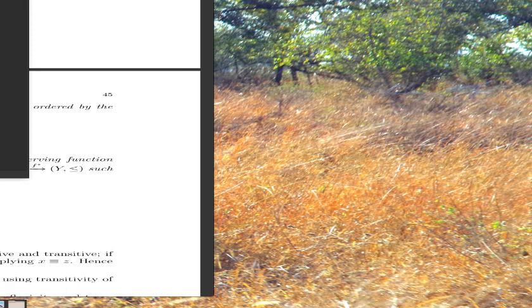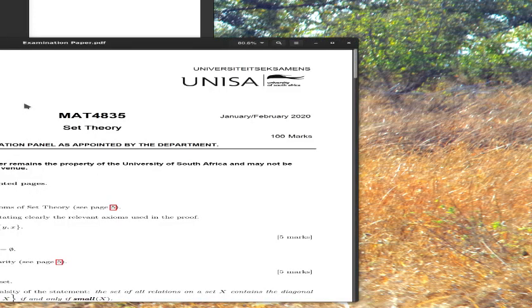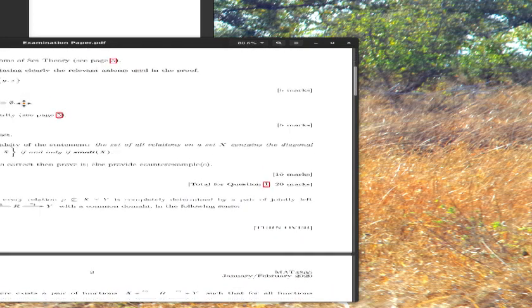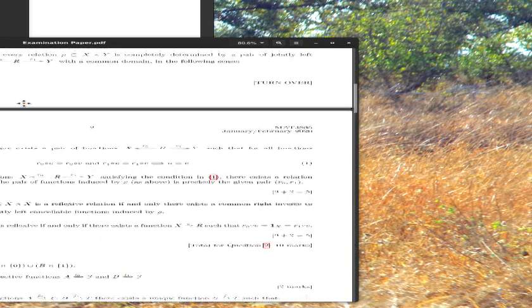Because the first one they say, show that there exist injective functions, A mapped to S and B mapped to S. That was the first equation. So they wanted us to check first whether it is an injection for that one, A being mapped to S and then B mapped to S again.